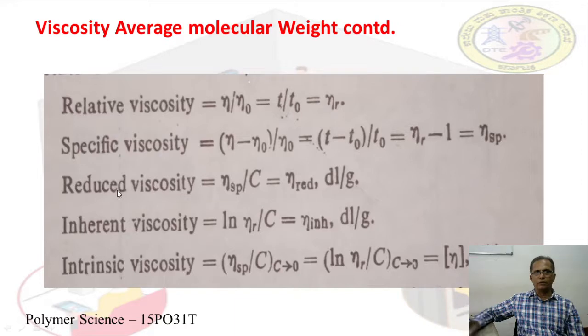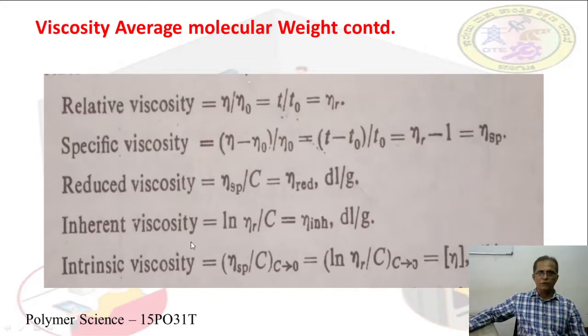Next, we have to calculate what is called reduced viscosity. It is given by eta specific by concentration. Hence, we can write eta RED, that stands for reduced viscosity. The unit is deciliter per gram. Next, inherent viscosity.